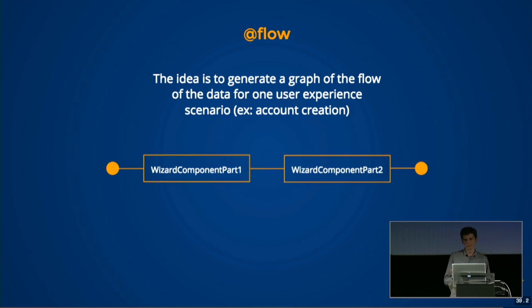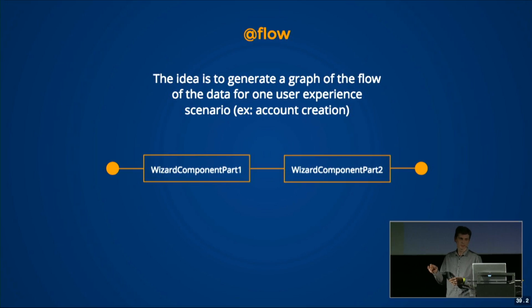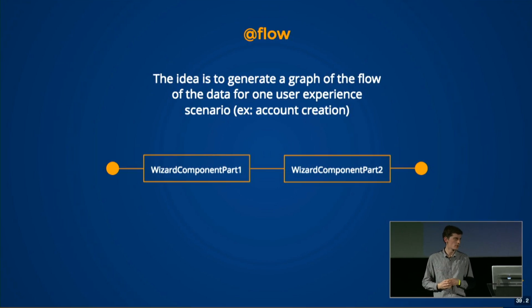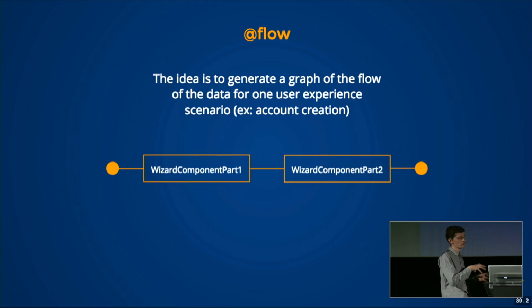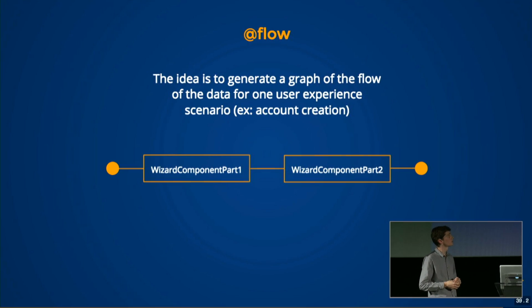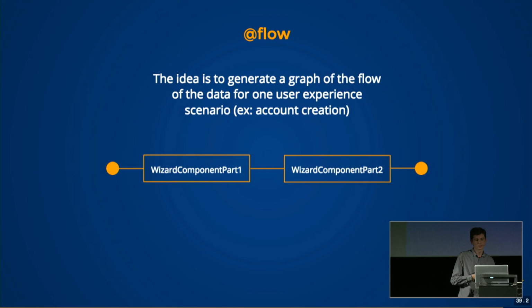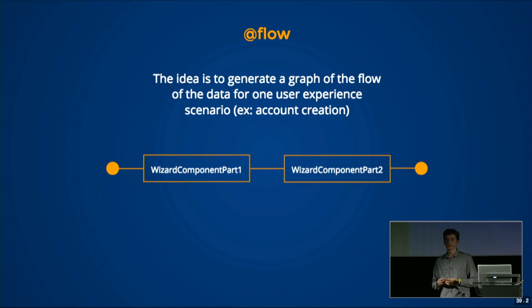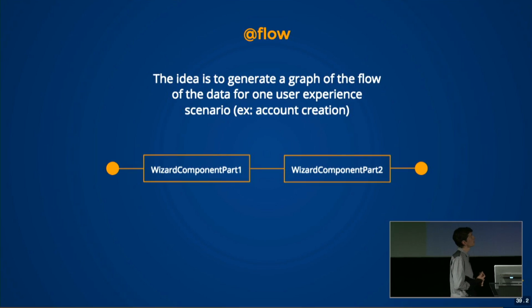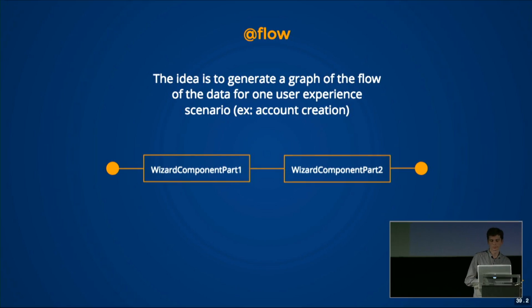The idea is to put this information in your comments, like other JSDoc params, and after parsing all the information, easily generate a graphic of this workflow to understand where and how the data is moving through your code and components during different scenarios of your application.